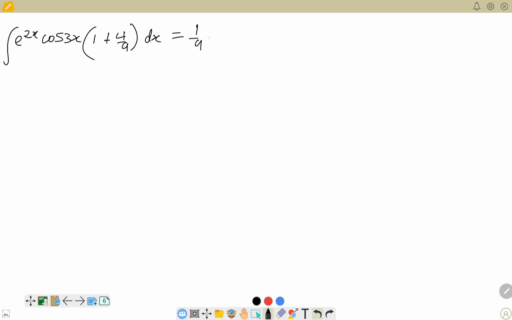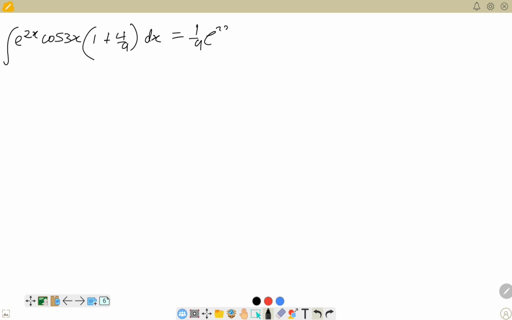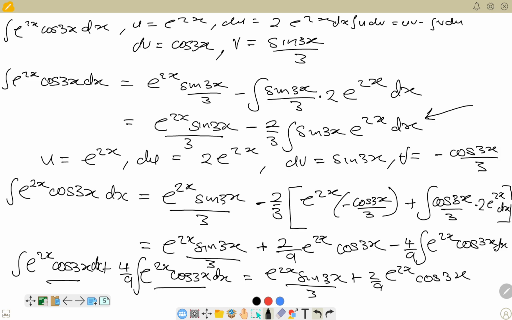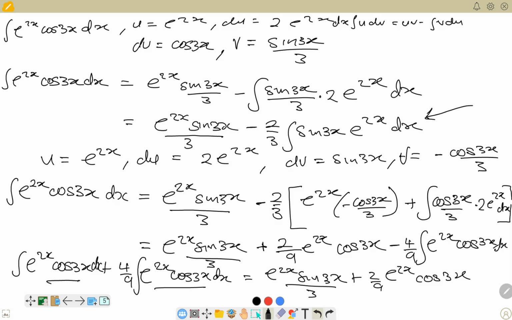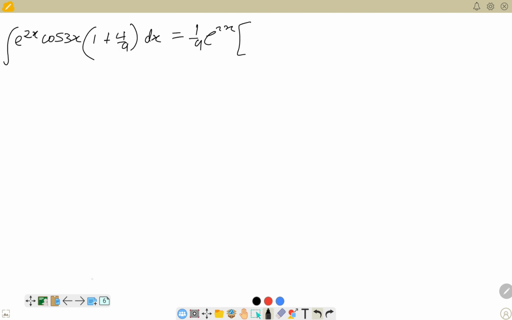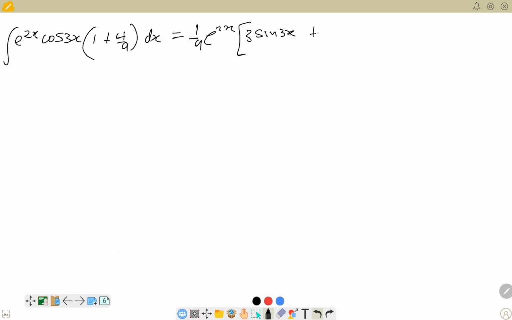When we take out 1 over 9, and also the e to the power 2x, we'll be left with 3 sine 3x plus 2 cos 3x, if we take it out like that.